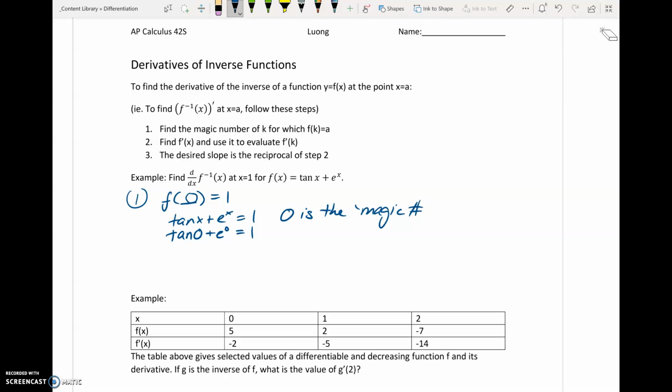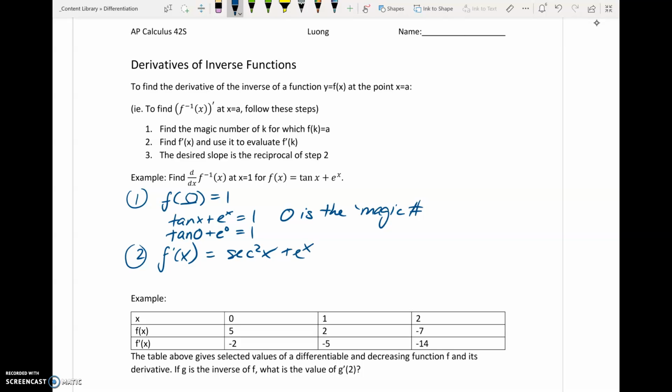Okay, and then the second part: we're going to find f prime of x and then use that magic number to evaluate it. So for f prime of x, we take the derivative of tan x and then the derivative of e to the x. The derivative of tan x is secant squared x. The derivative of e to the x is still e to the x.